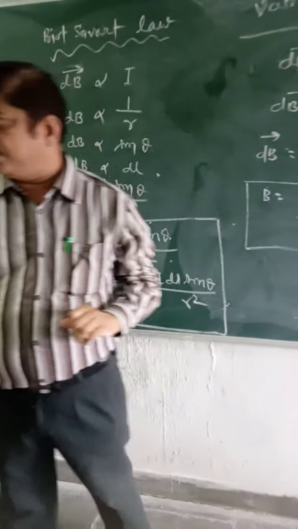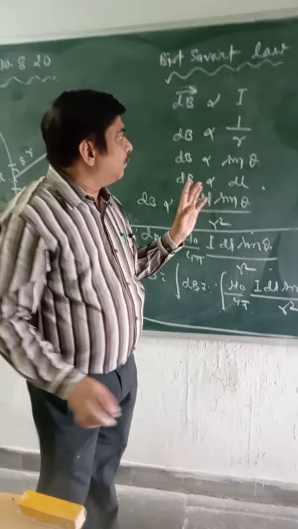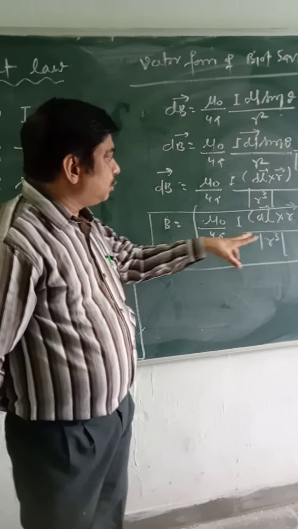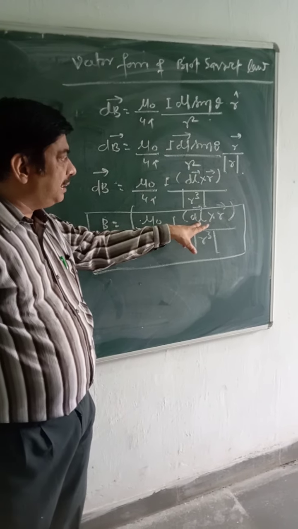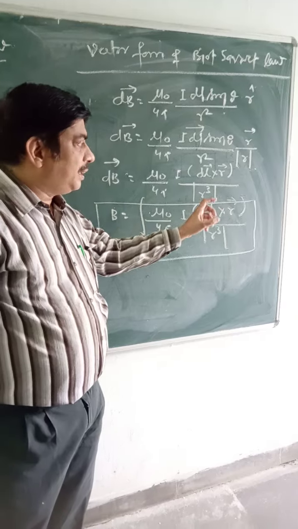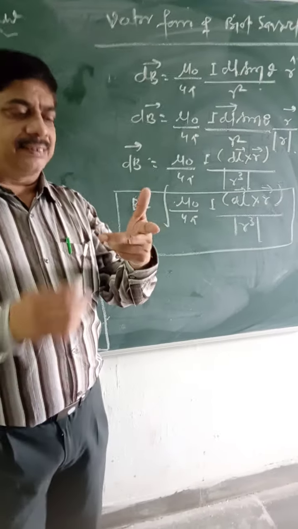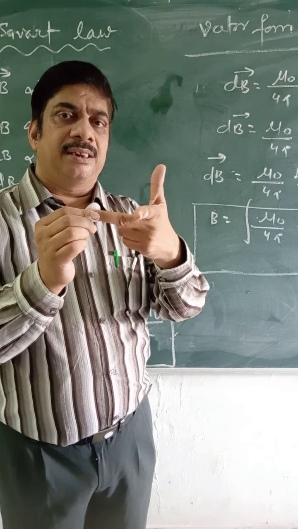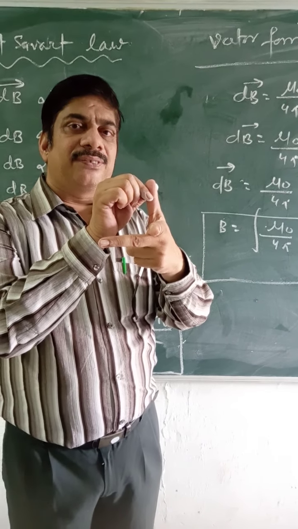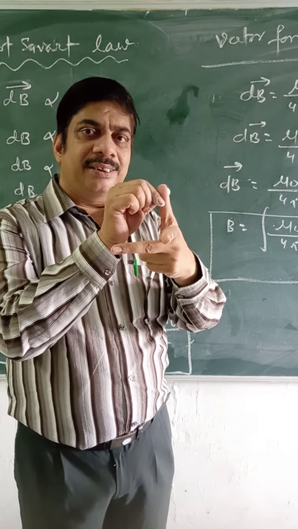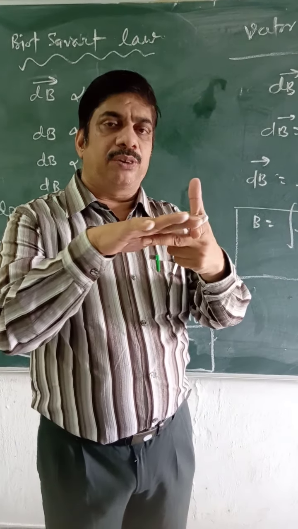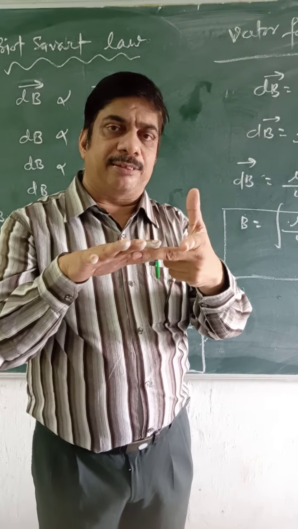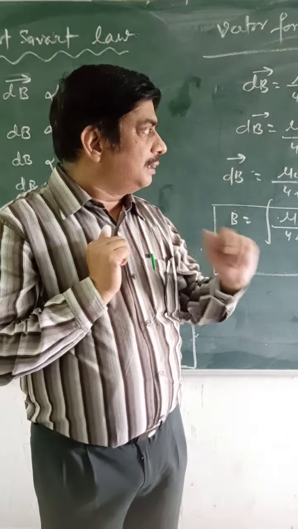Now let me explain what the direction is. As we know, for A cross B, if this is vector A and this is vector B, this is the direction of vector A cross B, meaning it is perpendicular to the plane in which vector A and vector B exist.